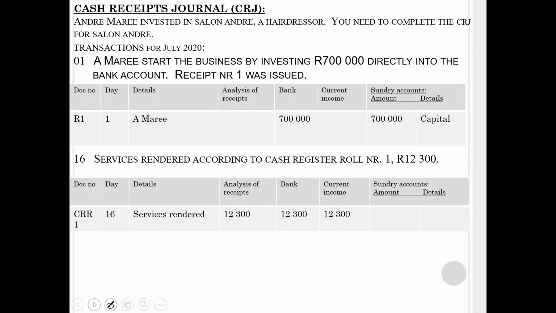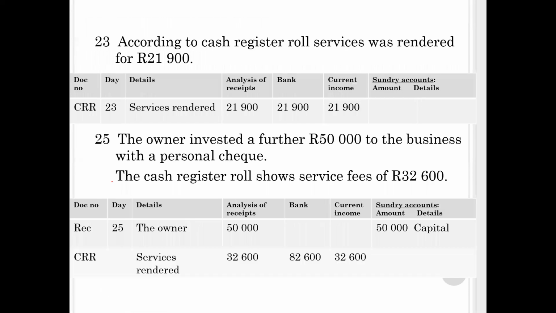Right, let's look at more examples. There are 2 more dates. Let's see on the 23rd. According to the cash register roll, services were rendered for 21,900. So basically, this is the same type of transaction as the previous one.